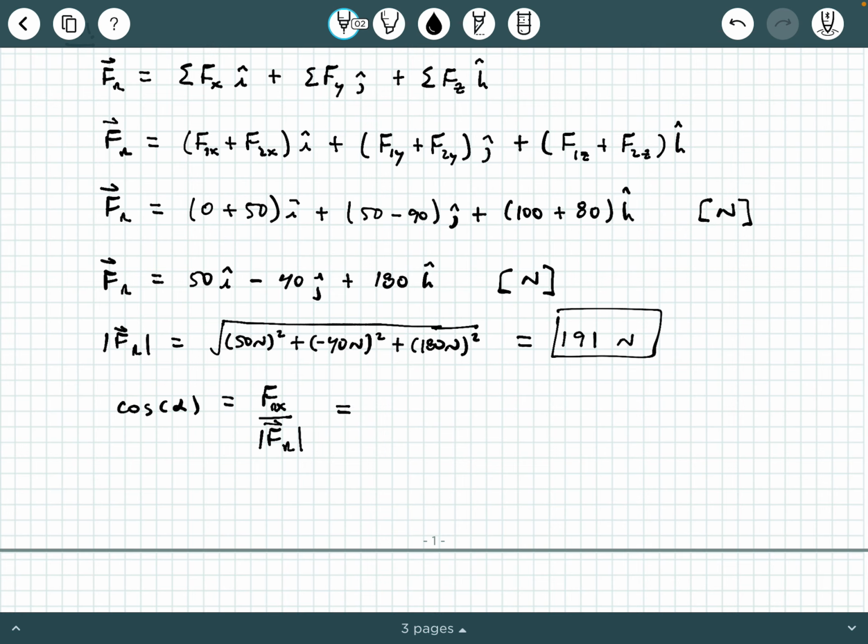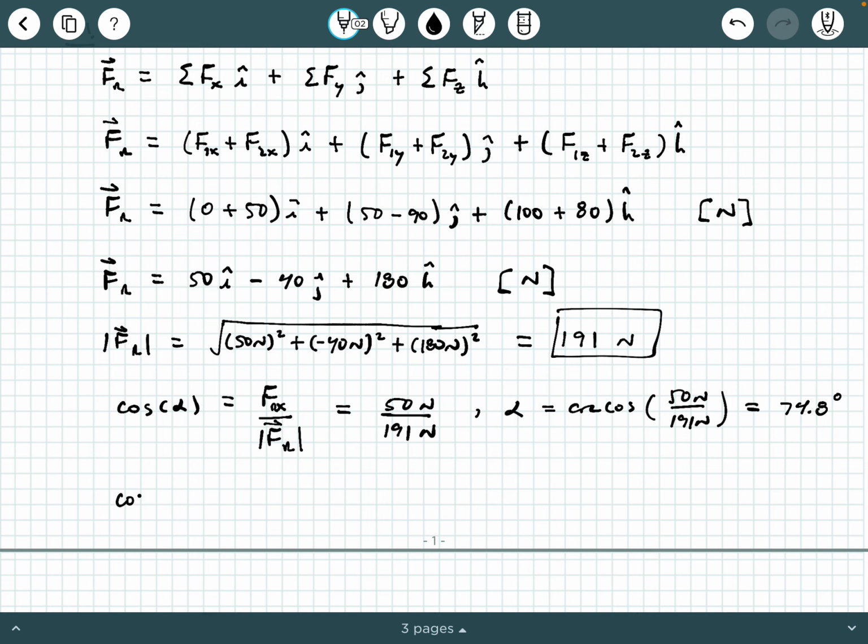And so if we crank this through, that's 50 newtons divided by 191 newtons. Rearranging, alpha is the arc cosine of 50 newtons over 191 newtons. And when you punch that through, you should get 74.8 degrees, as long as you put your calculator in degree mode.